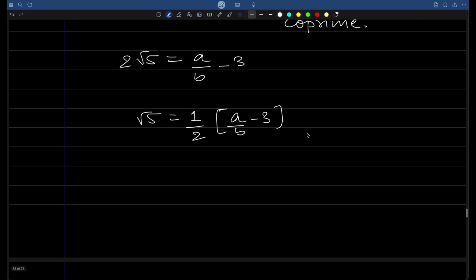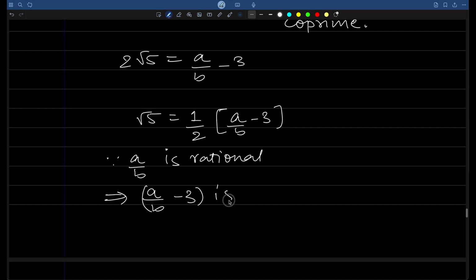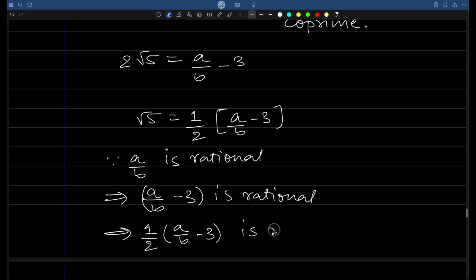We know that because a by b is rational, a by b minus 3 is also rational, and this implies 1 by 2 in bracket a divided by b minus 3 is also rational.